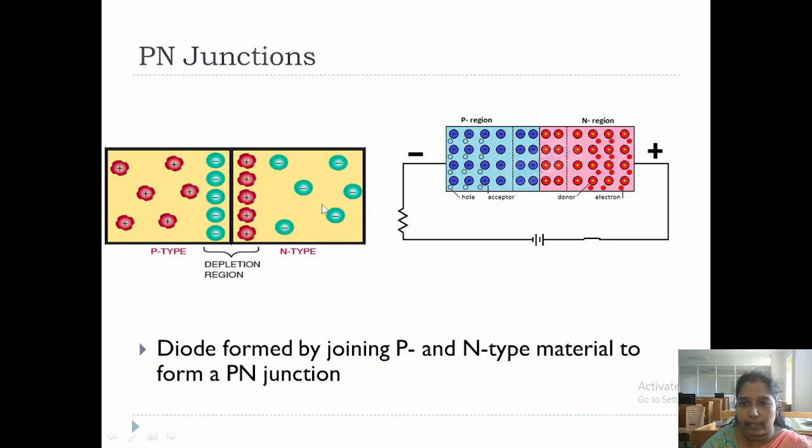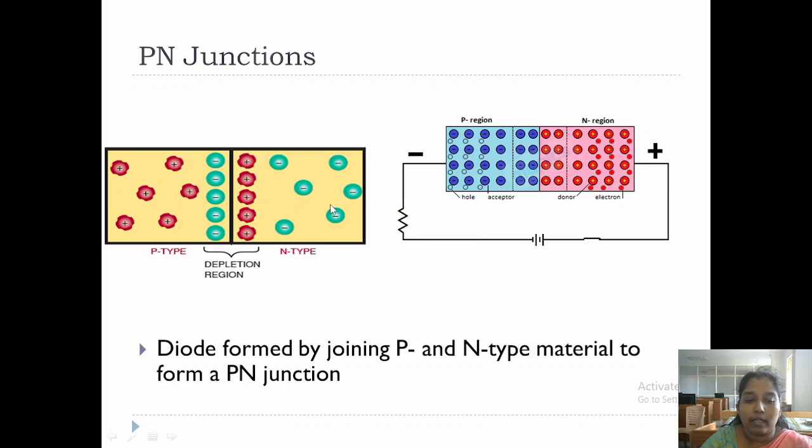Now by itself, P-type and N-type semiconductors act like a resistor, but by doping one side of a silicon crystal with P-type impurity and the other side with N-type impurity, we can convert the silicon crystal into the PN junction.